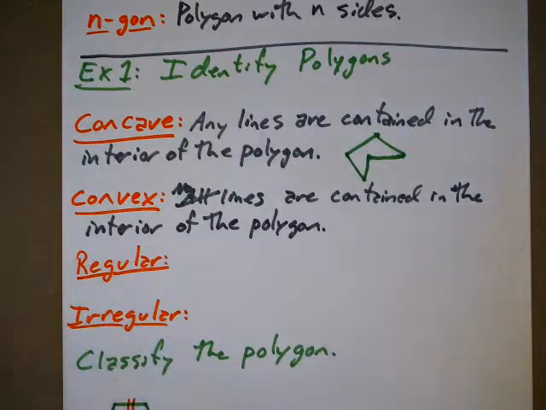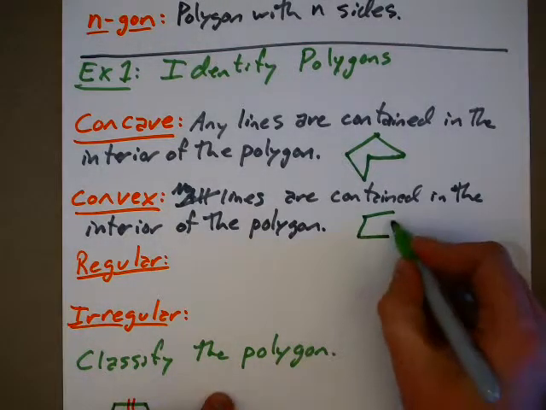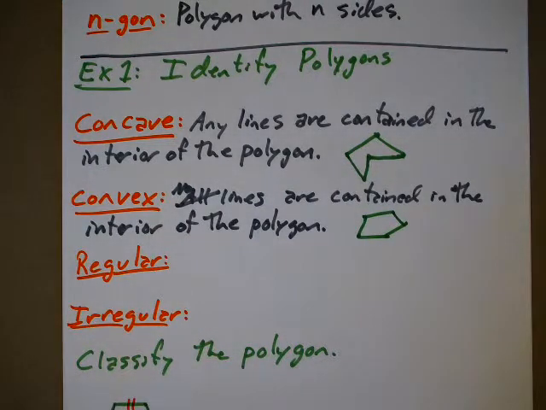So that's your basic shape with nothing pointing inside. Something like that would be a convex polygon.